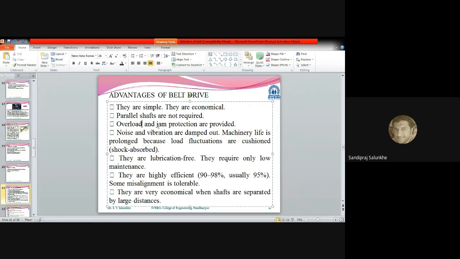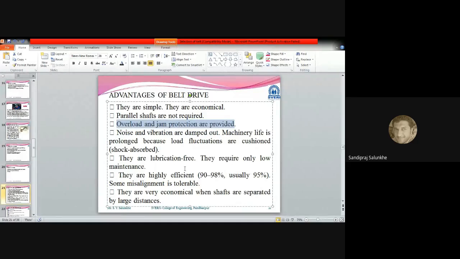this overload and jam protections are provided. That is, in case of belt drive, if the machinery gets overloaded, then instead of getting failure in any machinery part, the belt stops transmitting the power. That is, it gets slipped, right?